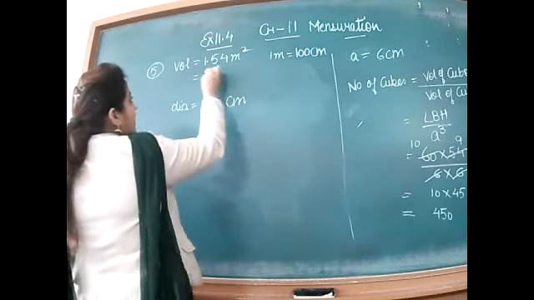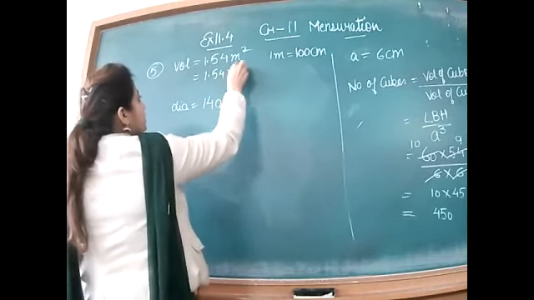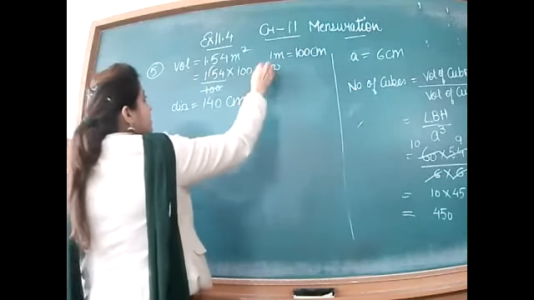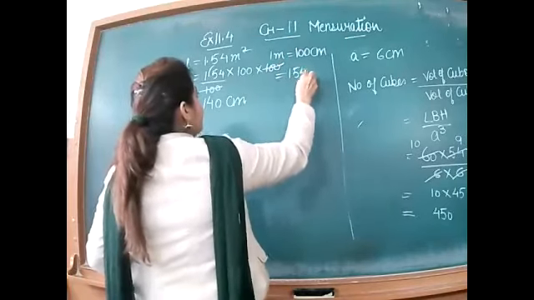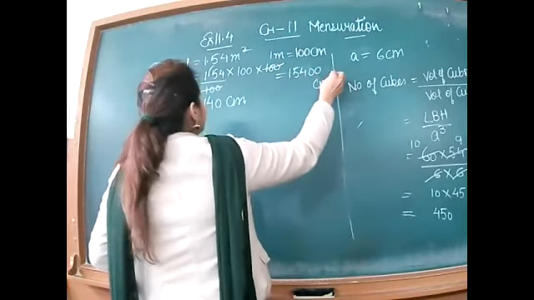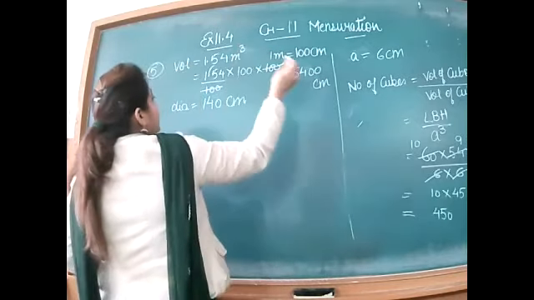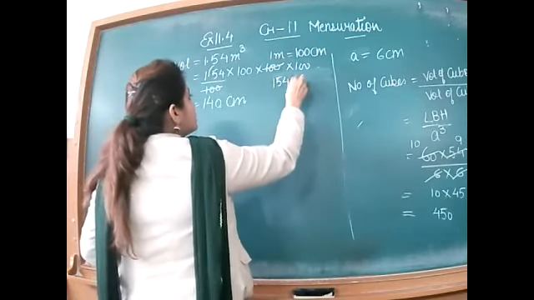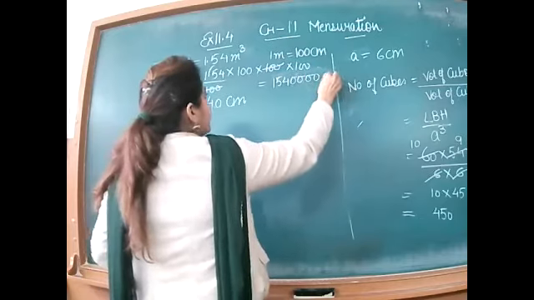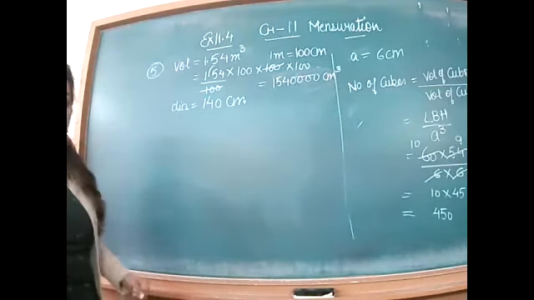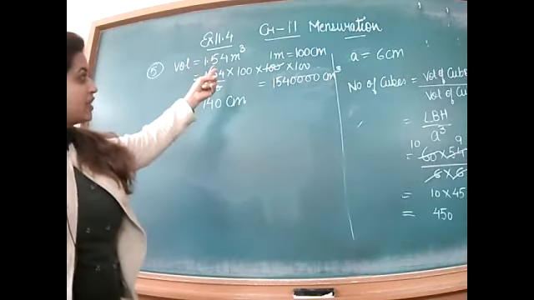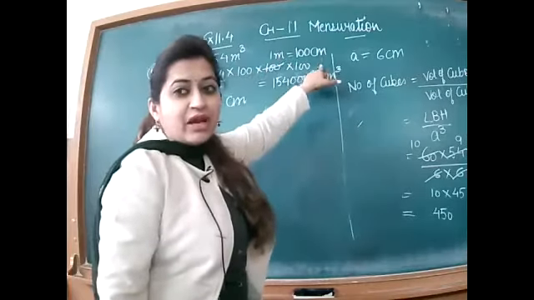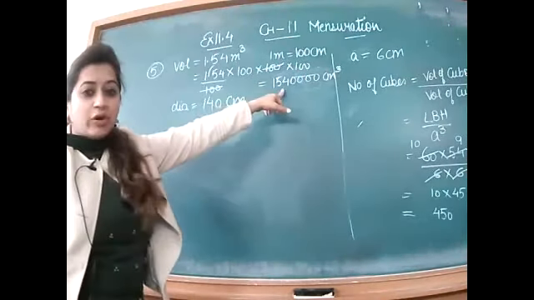So 1 meter has 100, so for meter cube it will be 100 into 100 into 100, so the answer will be 1540000 centimeter cube. It was meter cube, right? So we have converted that meter cube to centimeter cube by multiplying it 3 times by 100, because 1 meter is 100 centimeter. So we have got the volume.